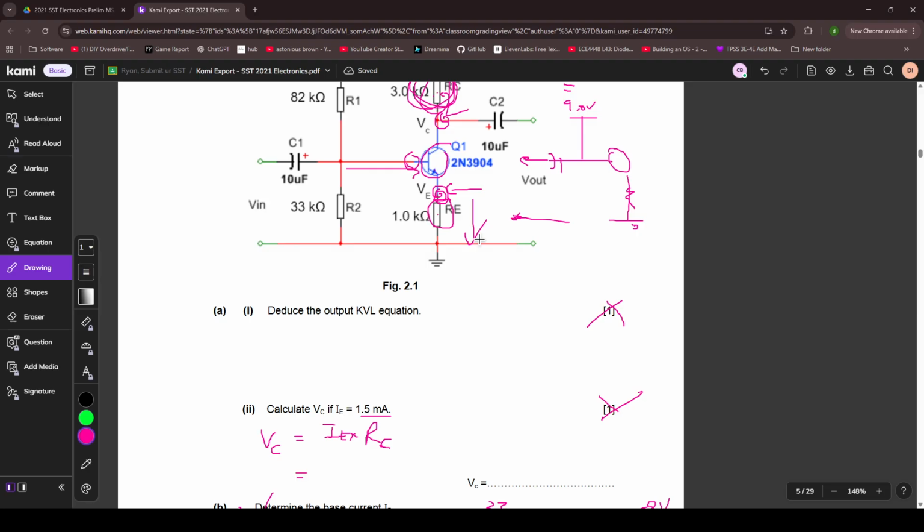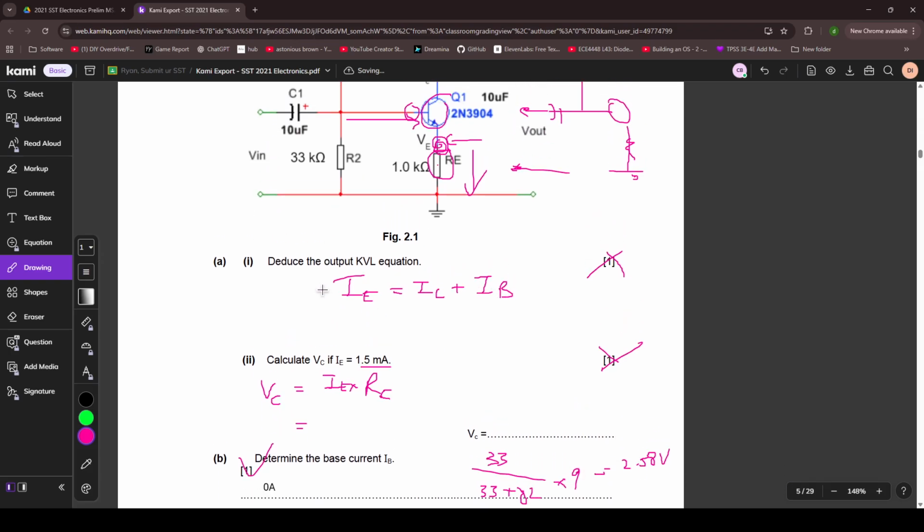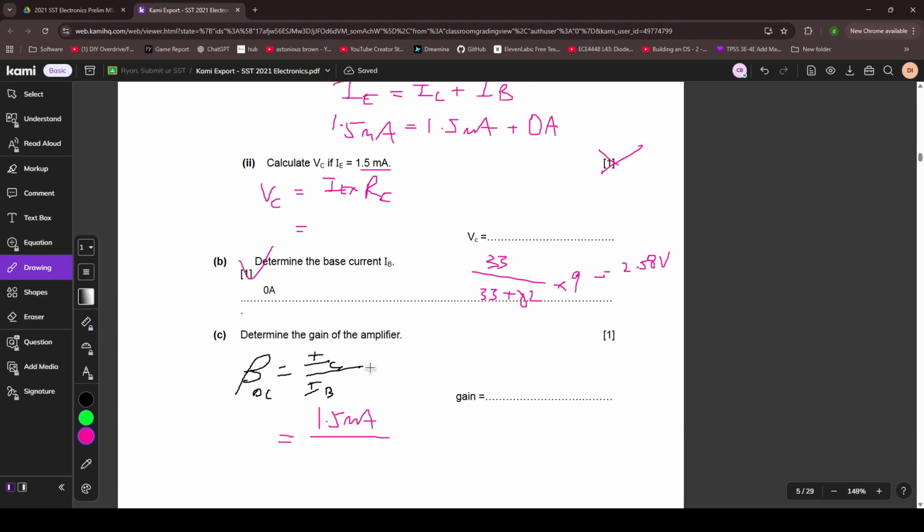Wait a second. Basically, IE is equal to IC plus IB. Based on the answer key, IC is around 1.5 milliamps as well, since the answer key says that IB is 0 amps, or around 0 amps. So now you're dividing by 0.